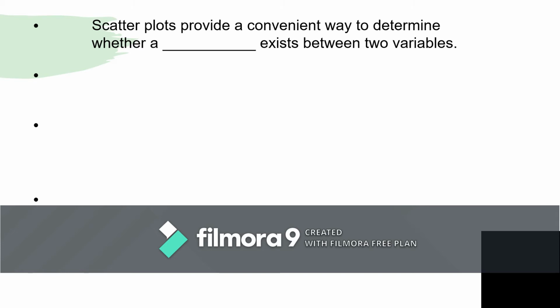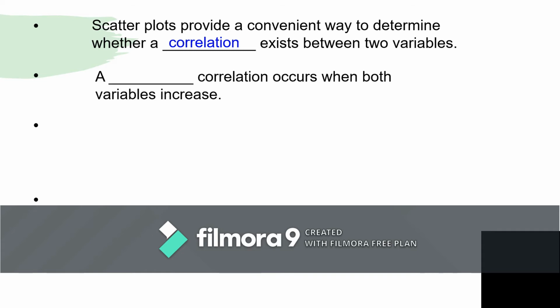The scatter plots provide a convenient way to check how strong these values are, how closely connected they are, and in which direction they go, and a numerical value will be calculated that is called a correlation coefficient. This coefficient will be positive if it is a positive trend.